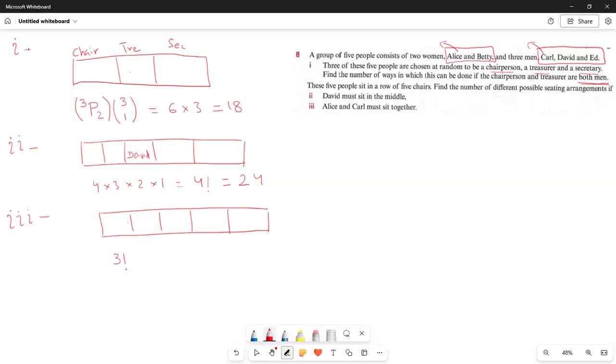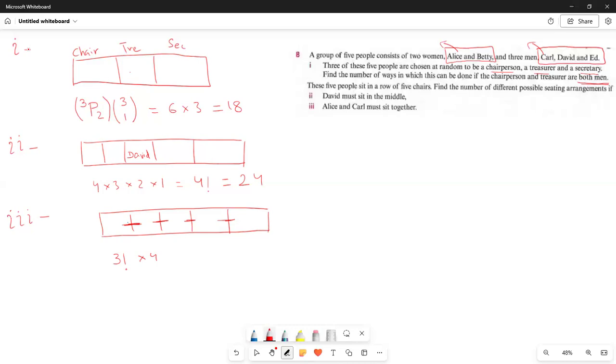Now how many ways can Carl and Alice sit together? Either they will take these 2 places, or these 2 places, or these two, or these two. So there are 4 different ways they can sit together, right?